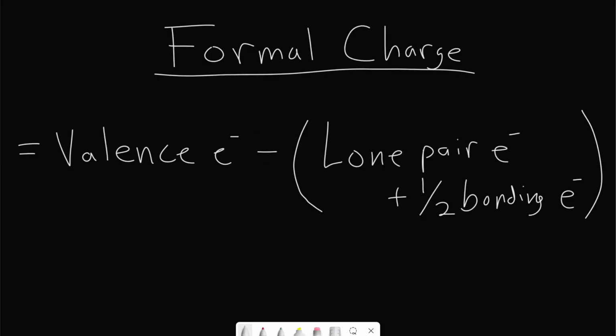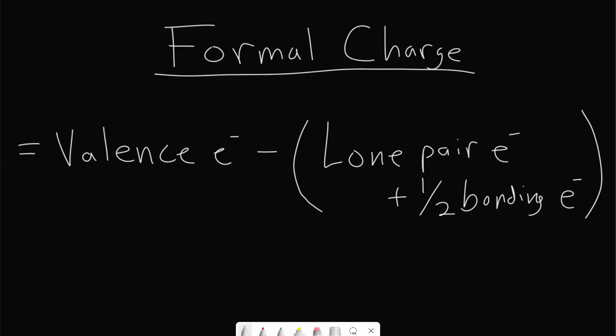The proper definition for formal charge is the valence electrons subtracted by the lone pair electrons plus 1/2 of the bonding electrons. The purpose of formal charge is to help us assess whether or not we have formed the most stable molecular structure when it comes to the bonding between the different atoms and how the electrons will be shared, whether it's going to be single bond, double bond, triple bond, and in what arrangement.